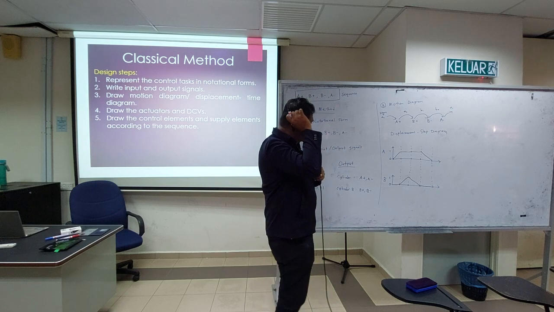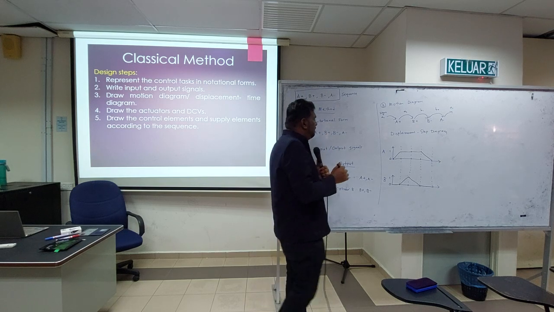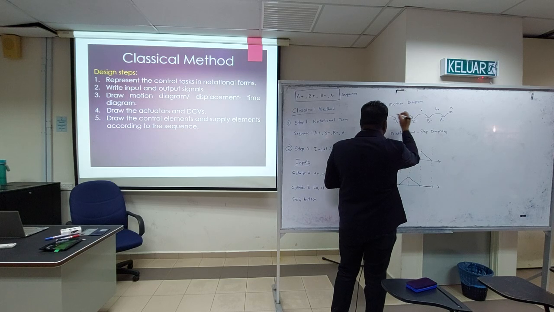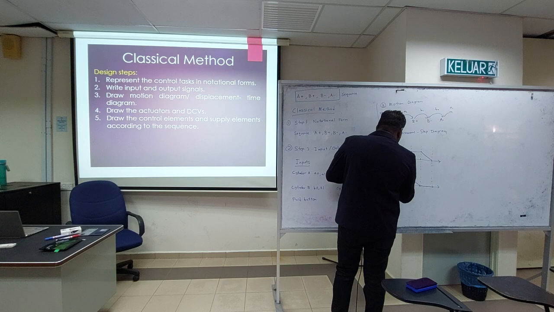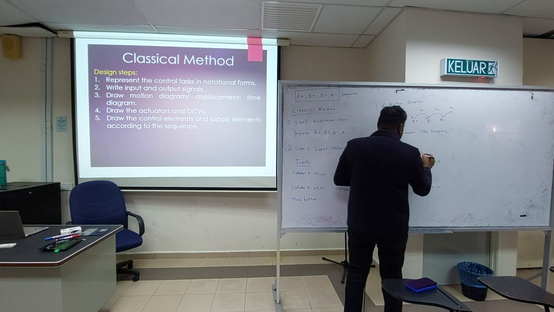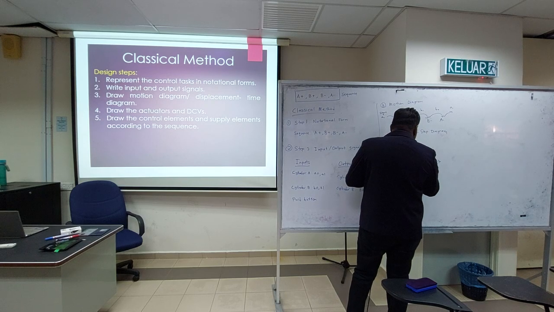Okay, so this is for the output. Then you put in the input, whatever input that you have. So here, once it extends, A1, this is B1, this is B0, and this is A0.